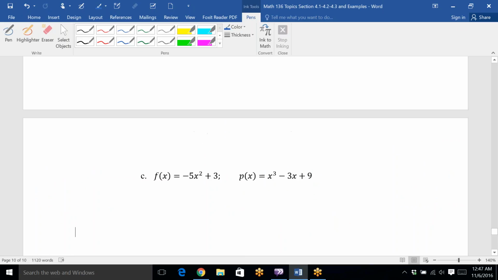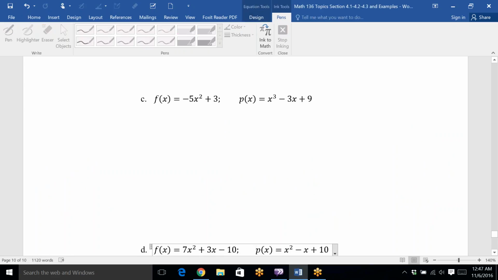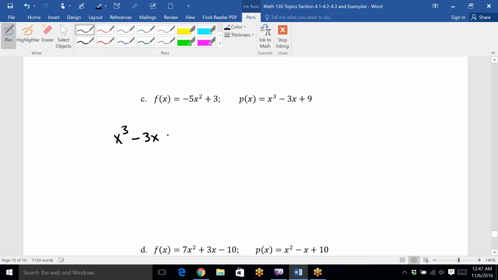Let's do at least one more, and I'm going to do, well, I'll do C. In C, you're trying to divide f by p. As soon as you start lining this up, though, you notice that this one goes away pretty quickly. First of all, we need a placeholder for the 0x.